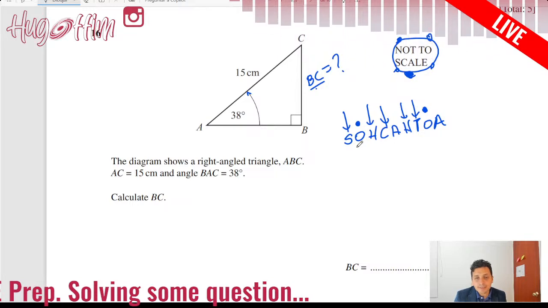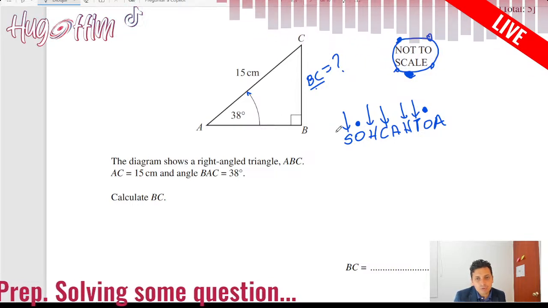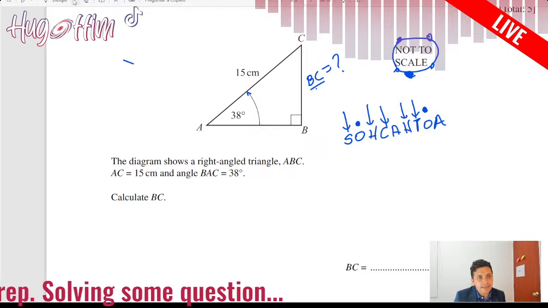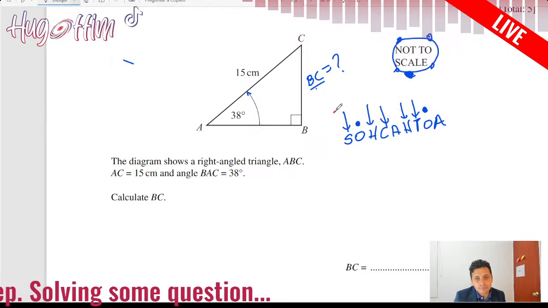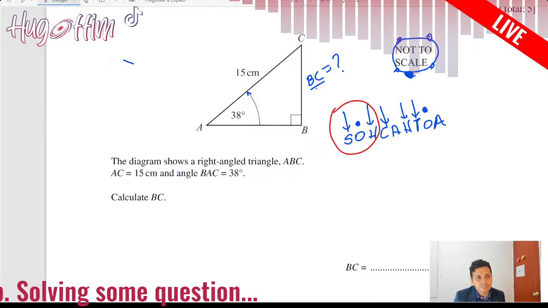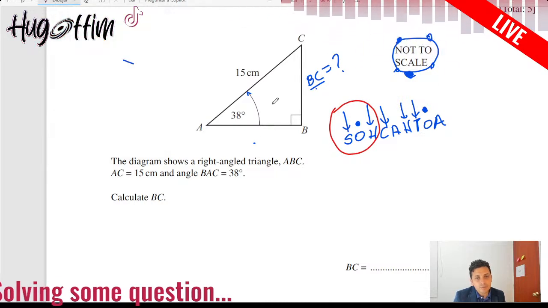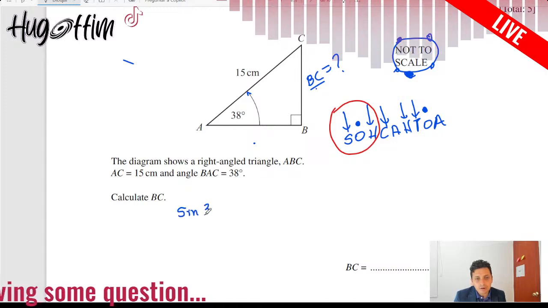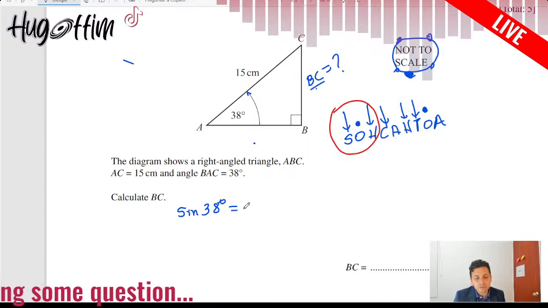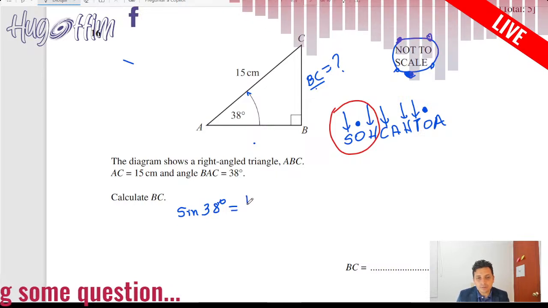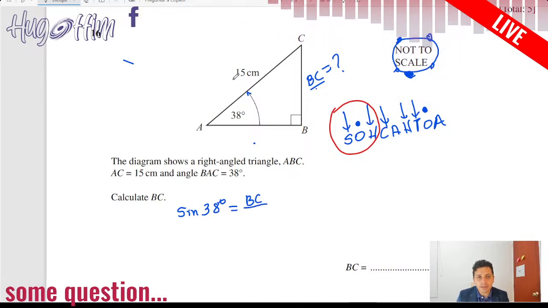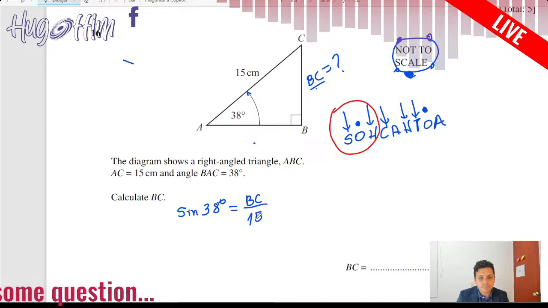So in this case, according to SOHCAHTOA, the term that we can use is sine. So we're going to use sine to calculate BC. So it means that sine of 38 degrees is going to be the opposite, so BC, over the hypotenuse, that is 15 centimeters.